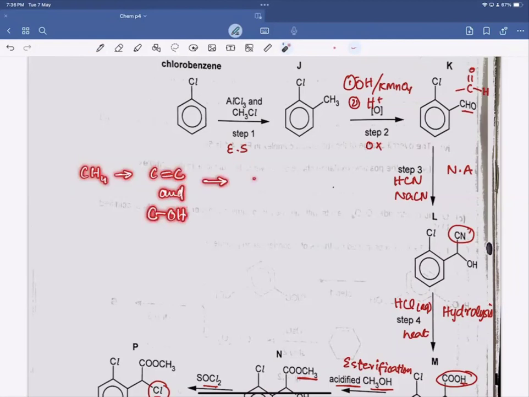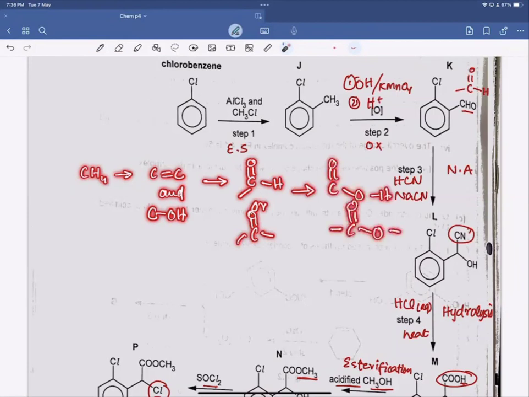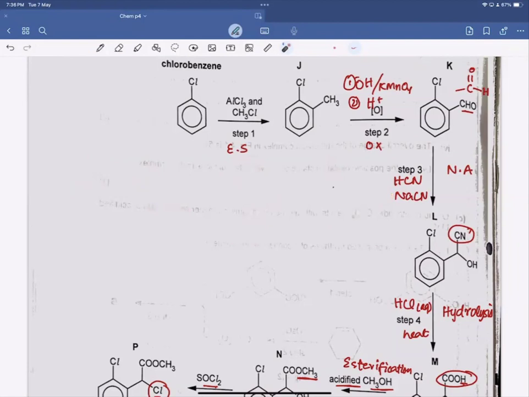Higher than that we have an aldehyde or ketone, and its higher oxidation level is carboxylic acid and ester, right? That's what we have studied in the types of oxidations. So if we get an aldehyde from an alkyl, it's an oxidation reaction. Basically it's not a complete oxidation, it's a partial one. That's why we are getting an aldehyde instead of a carboxylic acid.